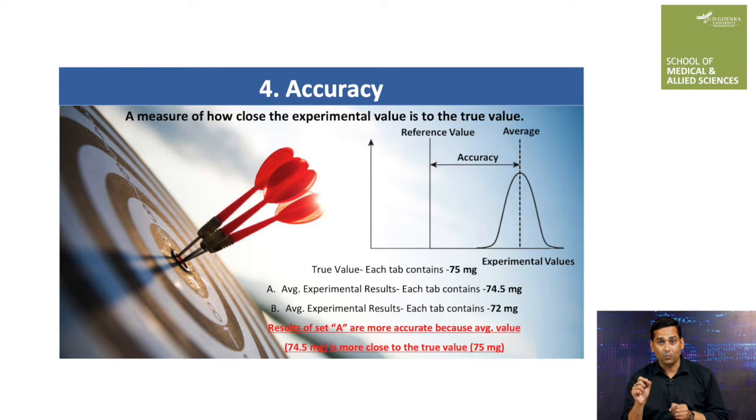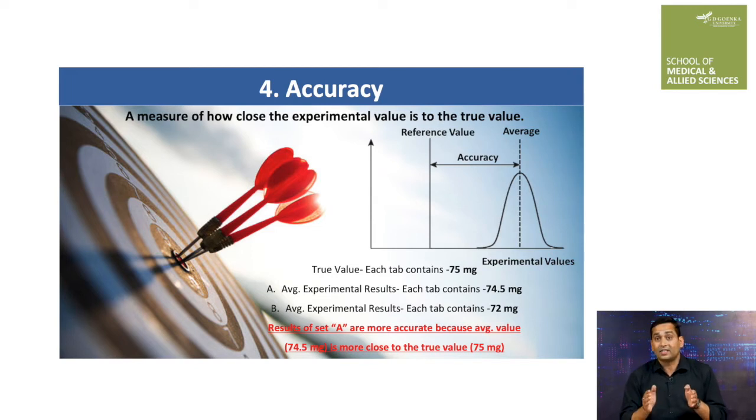Here 74.5 mg per tablet is closer to the true value as compared to 72 mg per tablet. Hence, API content of 74.5 mg per tablet can be said to be the more accurate result.